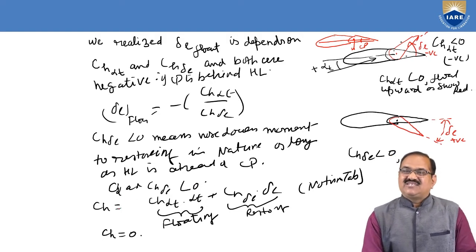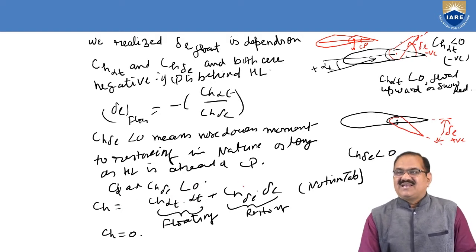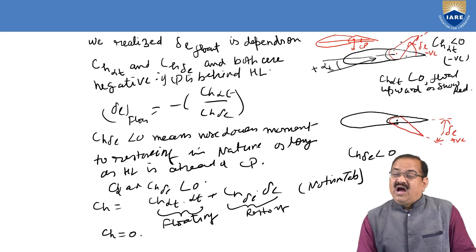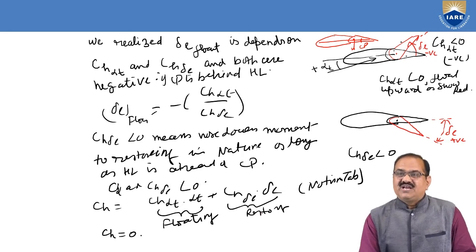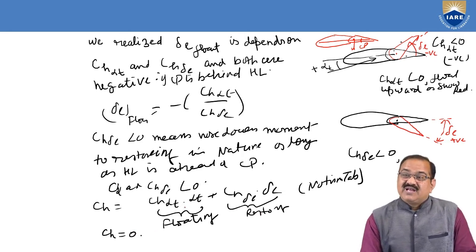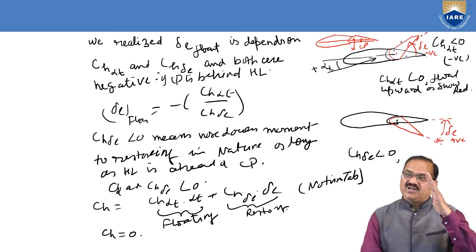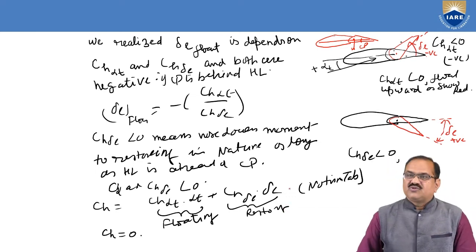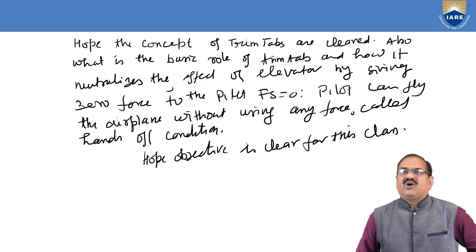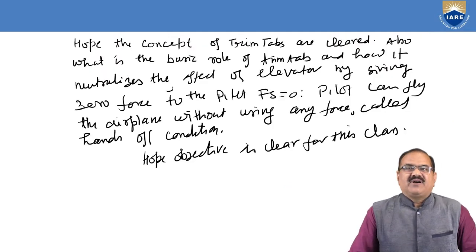So we know that CH is equal to CH alpha T into alpha T plus CH delta E into delta E. So in this, no trim tab. Here this is the floating and this is the counter floating. So this alpha T will make it float and this is the restoring force. So one will float, another will restore.